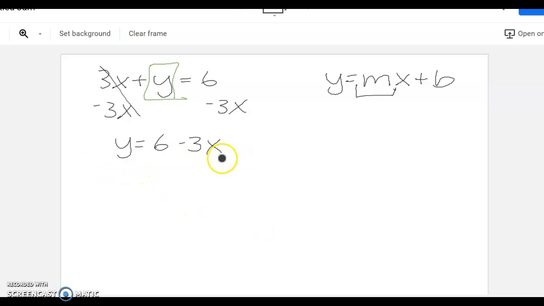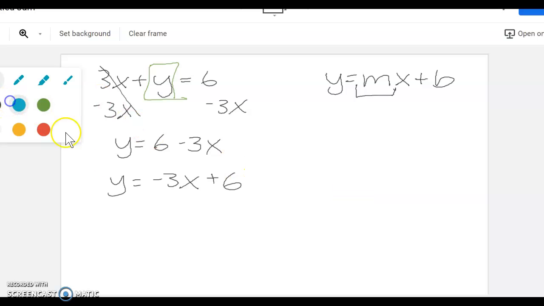Okay, still I'm not in slope-intercept form, and I could have done this ahead of time, but we want to have the mx as the first one, especially if you're always looking at the first term, or you need to make sure you're looking at the coefficient for x. Just to rearrange this, it'd be -3x plus 6. All right, now I am ready to pull out my slope.